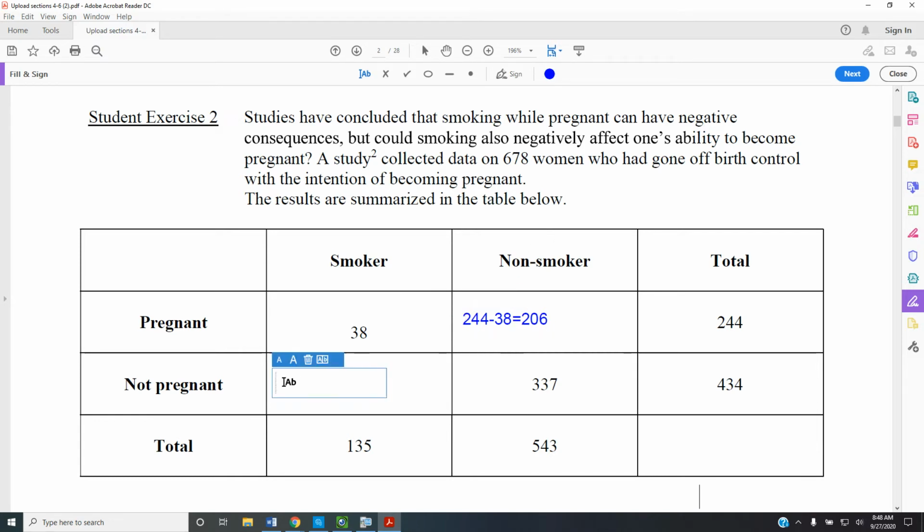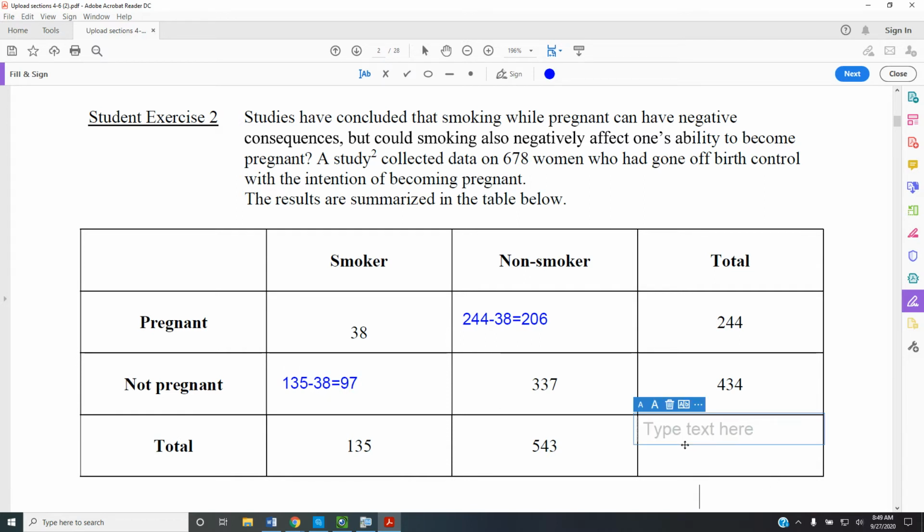Okay, we'll do this one here, not pregnant. Now remember, not pregnant is a sum of the column. The total in this column is 135. However, we already know that 38 people were smokers, so 135, subtract that value, will leave me with 97.